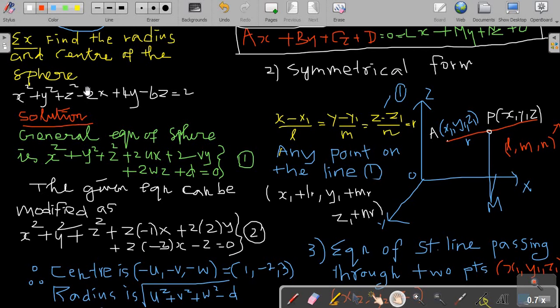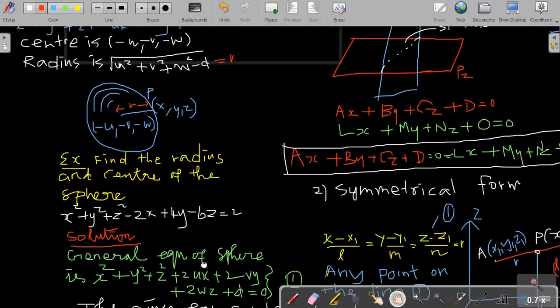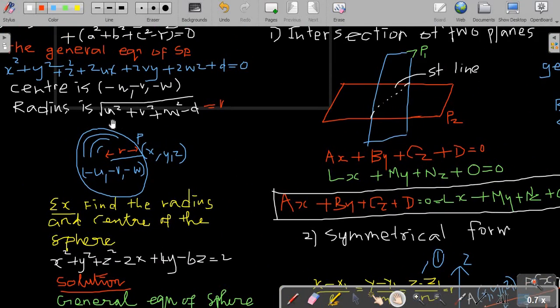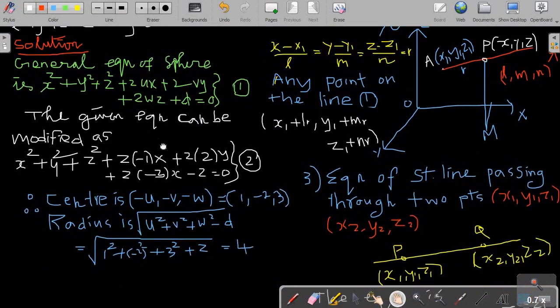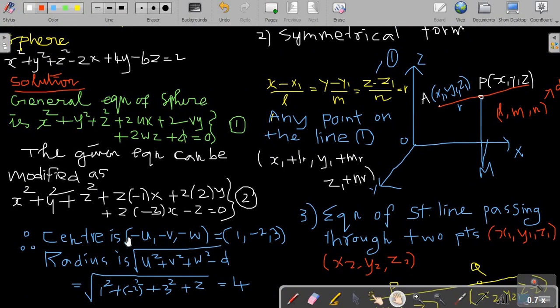In a similar way, note that the radius is given by the formula r equals the square root of u square plus v square plus w square minus d. Here you will have 1 square plus minus 2 square plus 3 square plus, d is minus 2, so minus d is plus 2.